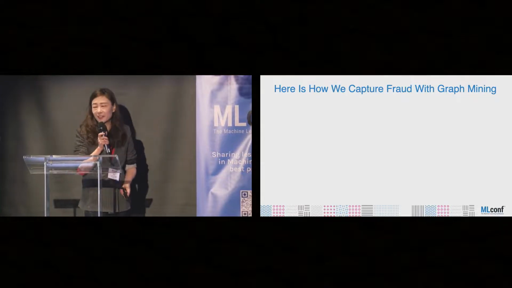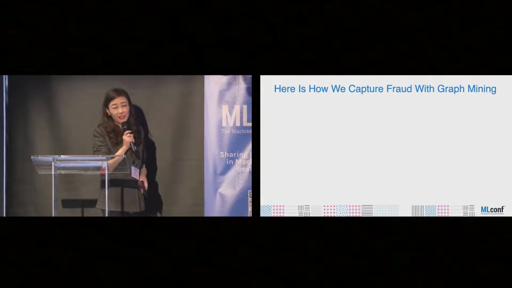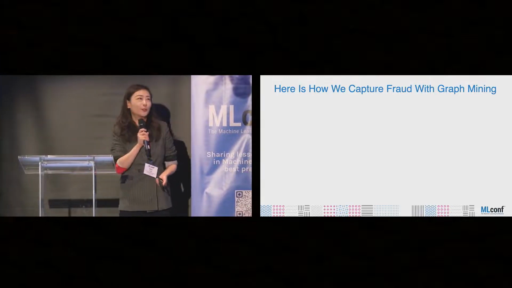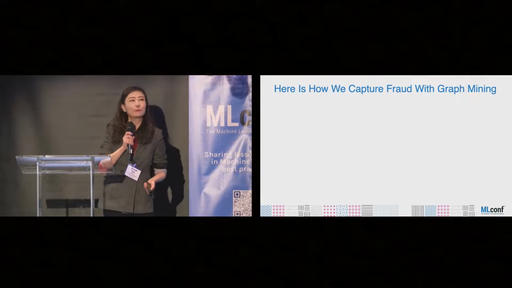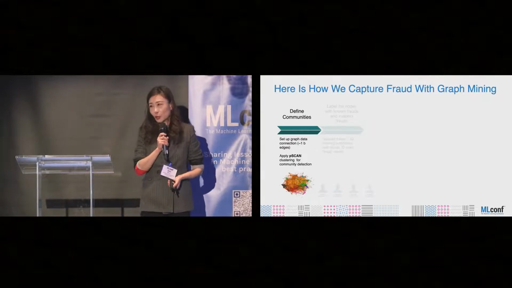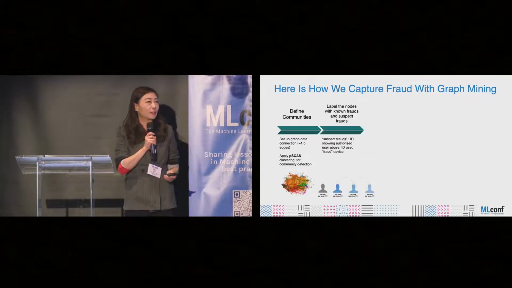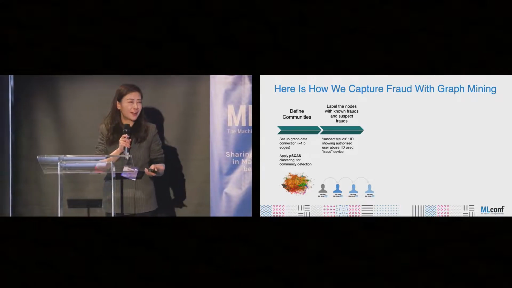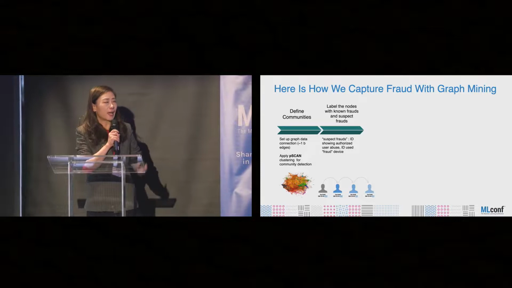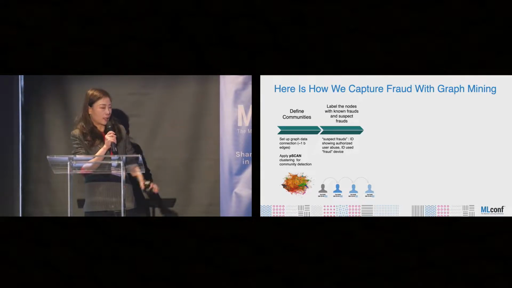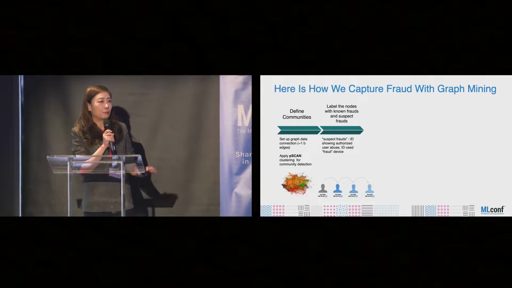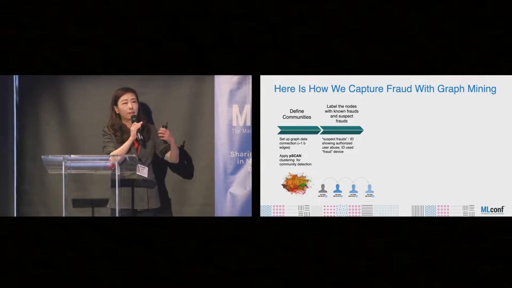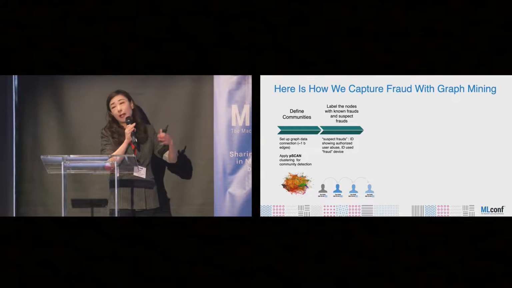So now the question is, you already learned all this great knowledge. What are you going to do to detect the fraudulent community? Here's our approach. First, every day we use about 100 million transactions, and we build the transaction graph network.